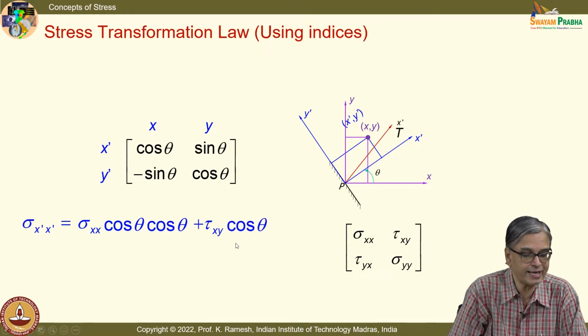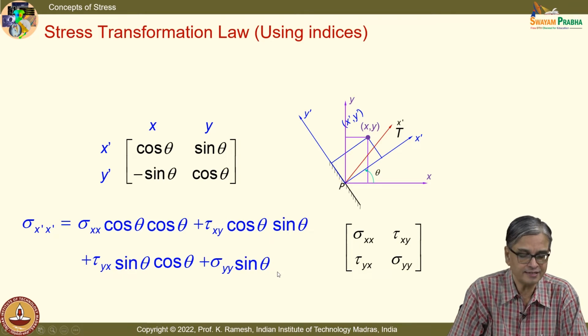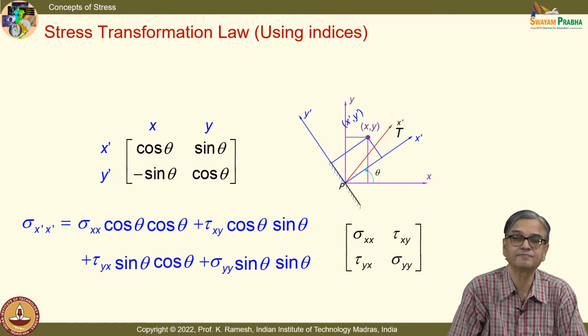I have x prime y, that is sin theta. And I go to the next term, tau yx. I have x prime y is sin theta, then x prime x cos theta, plus sigma yy. I have this as sin theta multiplied by sin theta.